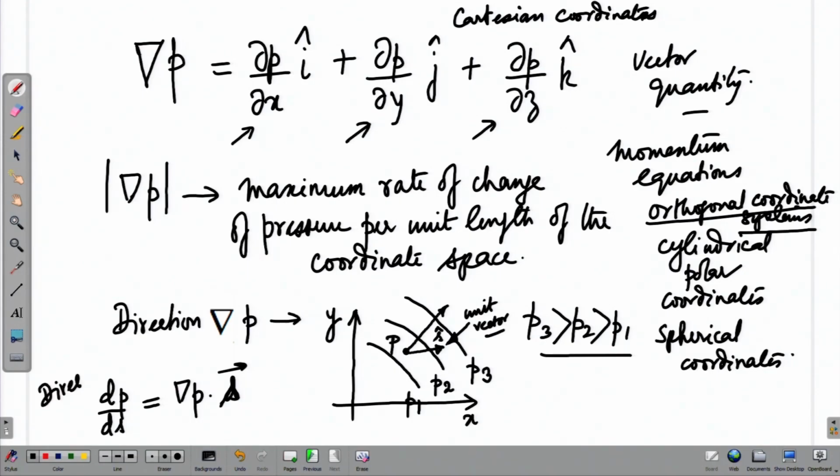It gives you a directional derivative. That means, you now find out the rate at which pressure will change as you move unit length along a different direction, which is prescribed by this vector S, the unit vector along that direction.